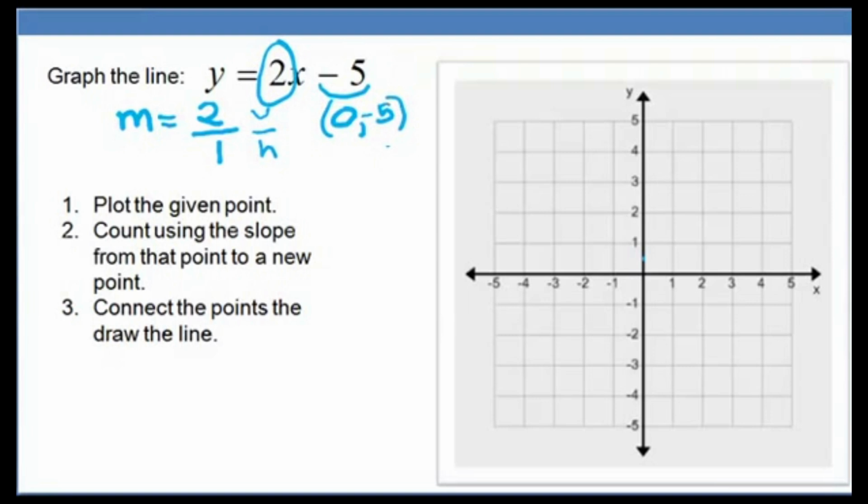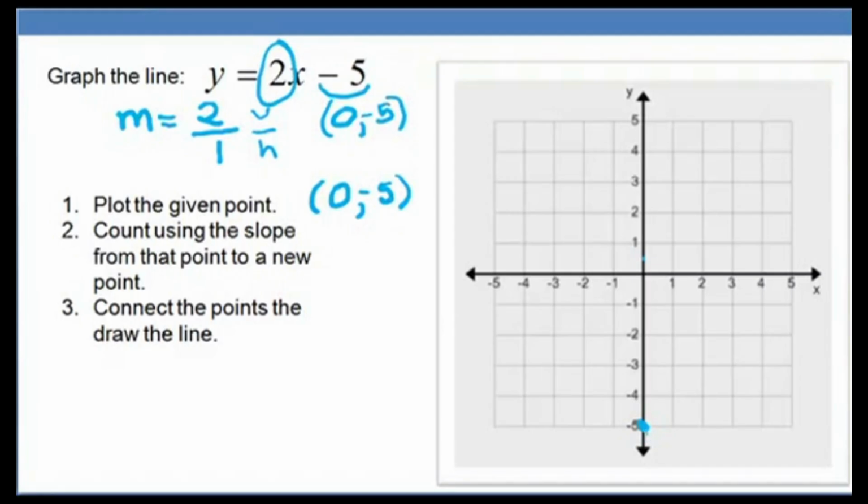So, step 1 is to plot the given point. So we have to plot 0, -5, so that we will be on our line. So start at 0, 0, don't go over, but go down 5 and make your point. Lands on the y-axis. That's what it's supposed to do because it's the y-intercept.